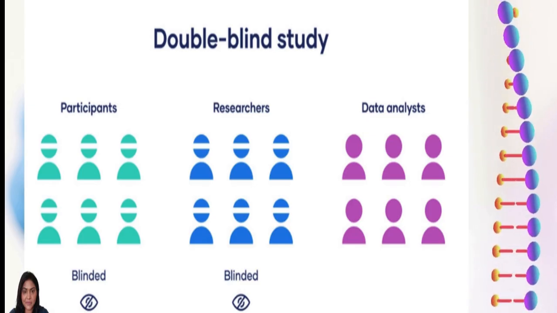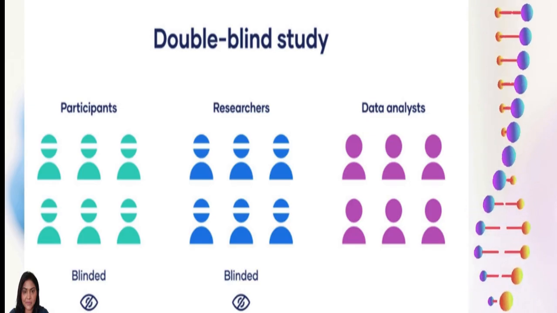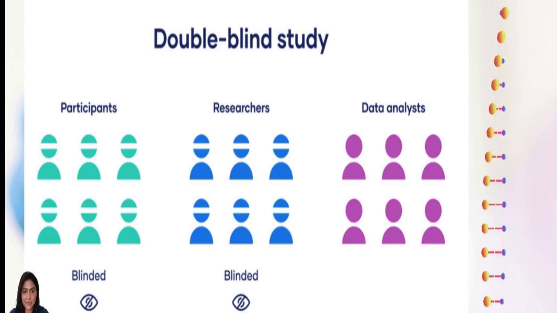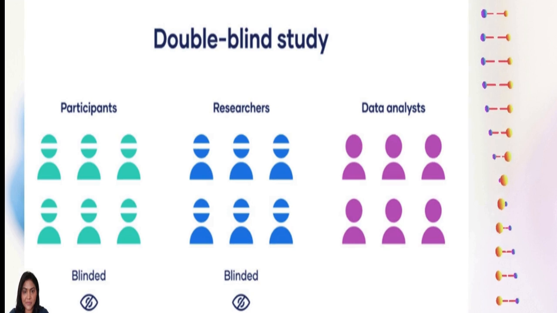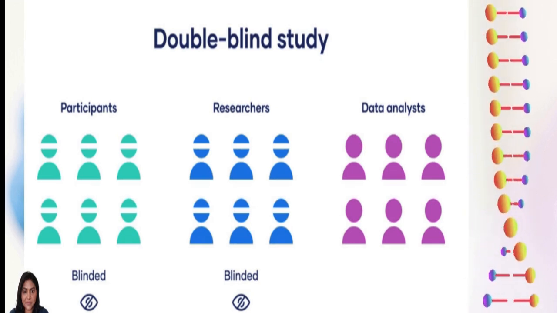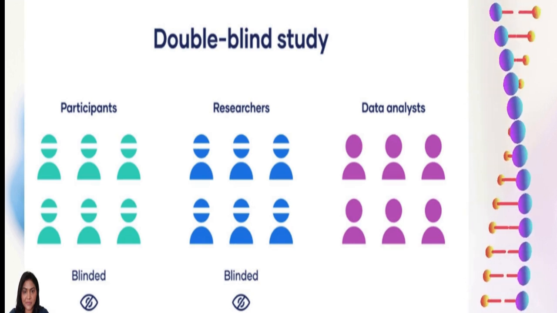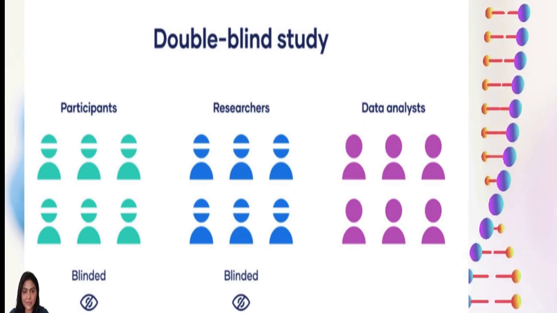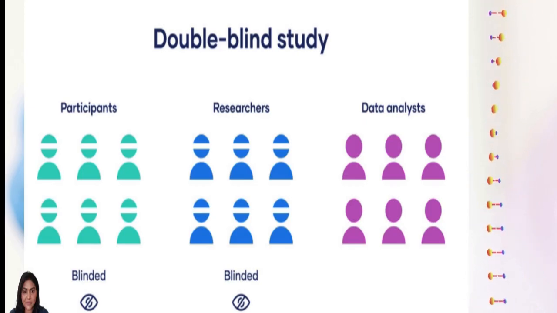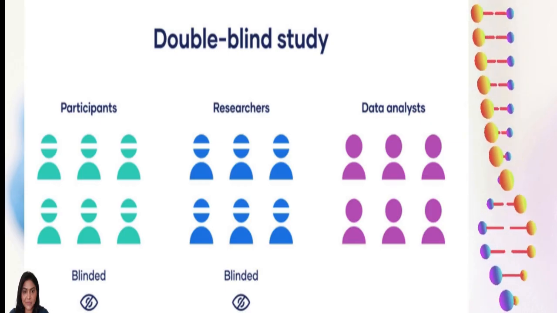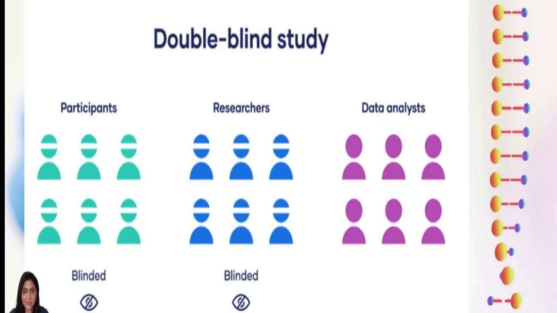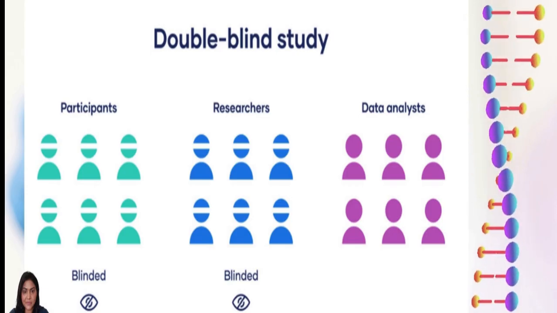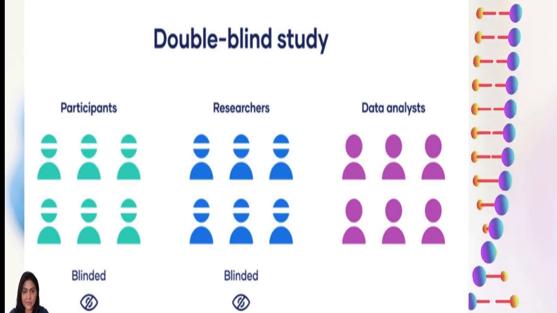Let's see the example. In the flu vaccine study that is running, you recruited several experimenters to administer your vaccine and measure the outcome of your participants. If these experimenters knew which vaccine is active and which one is the inactive drug, they might accidentally reveal this information to participants, thus influencing their behavior and indirectly the result.